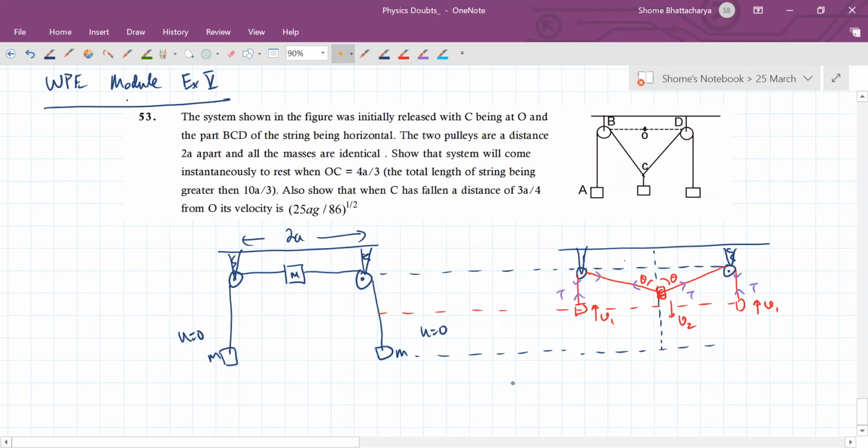So if I use virtual power method, power developed by tension should be 0. So plus T v1 minus T v2 cos theta should be equal to 0. So v1 is equal to v2 cos theta.